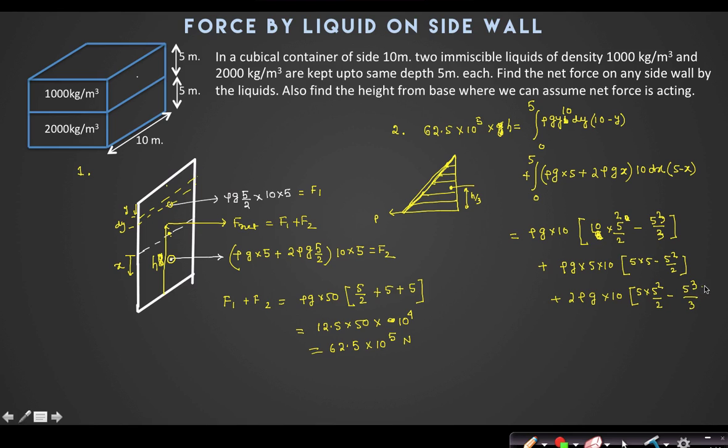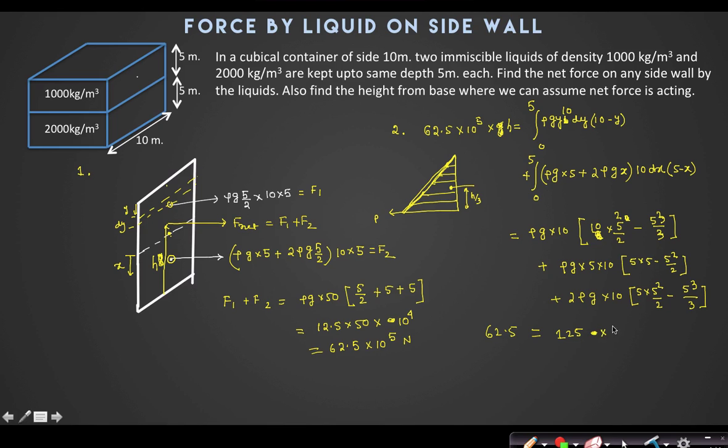So it is a lengthy calculation indeed. Rho g into 10: rho is 10 power 3, g is 10, and 10, so 10 power 5 I can cancel. So 62.5 is equal to 5 into 5 square. That means 5 cube, 125, minus 5 cube by 3.